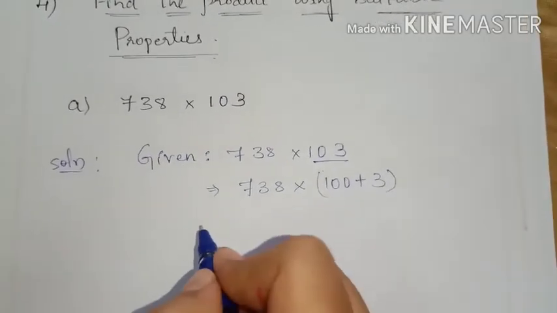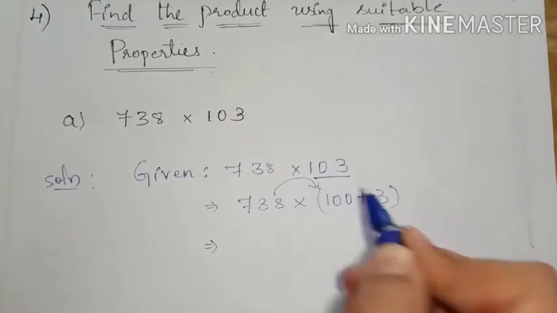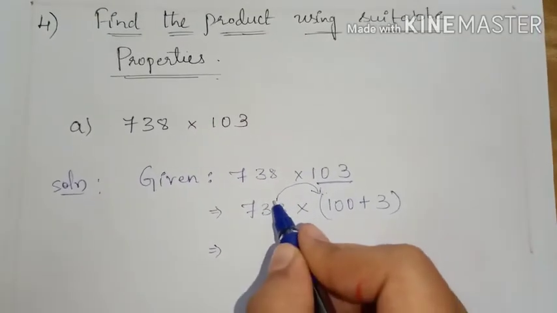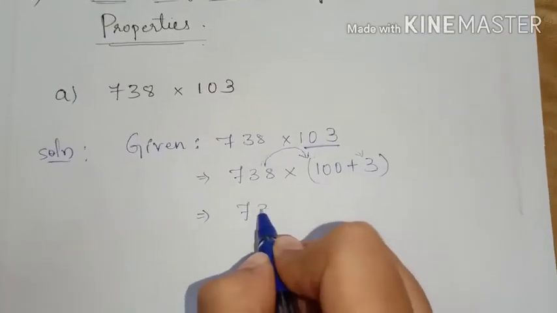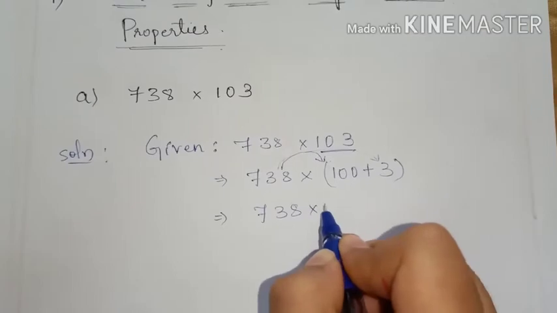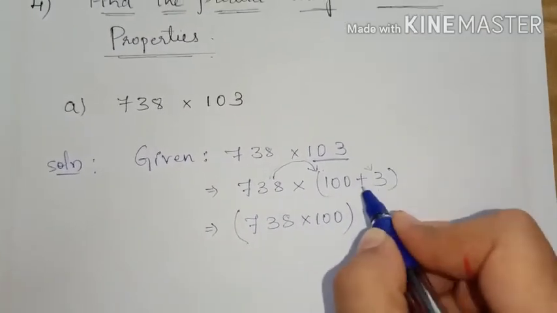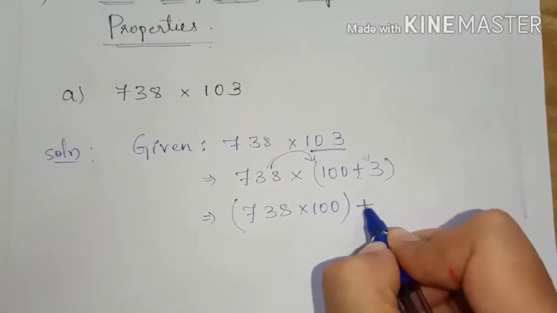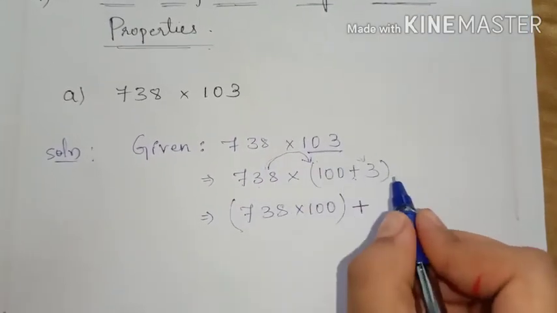Fine. Now you can multiply this: 738 into 100, then 738 into 3. 738 into 100 is one group, then write down plus in the middle, again 738 with 3.